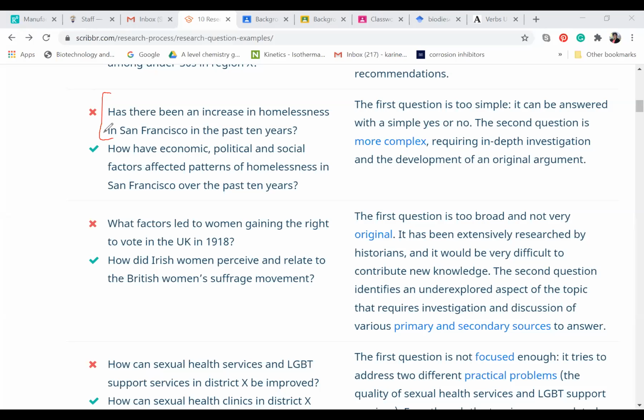Comparing the homeless rate in 2020 and the homeless rate in 2010, or the homeless rate over the period 2010 to 2020. Okay, if I compare, my comparison may say it increases or it decreases.